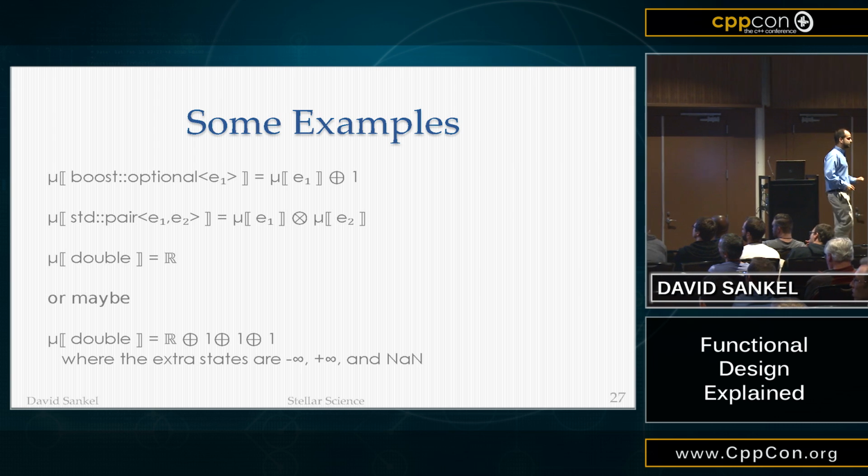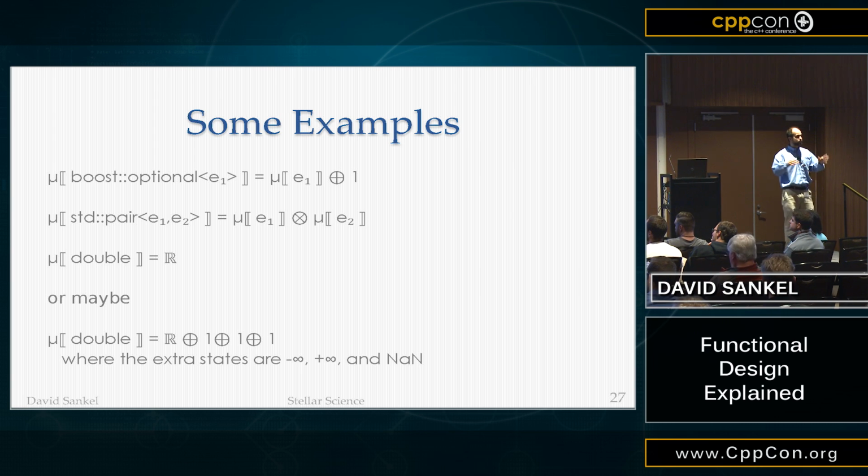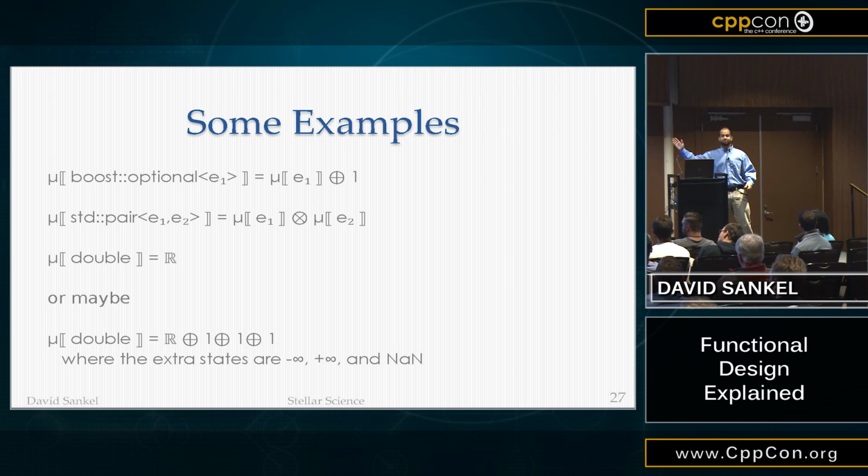Looking at some examples here, we have boost optional of e sub 1, where e sub 1 is some kind of type expression. The meaning of the boost optional is the meaning of that type. So if it's int, it'll be the meaning of int, it'll be Z, or the one type. So an optional is either going to be none.